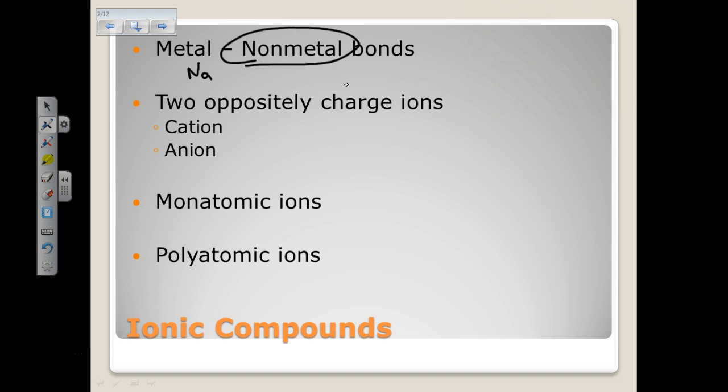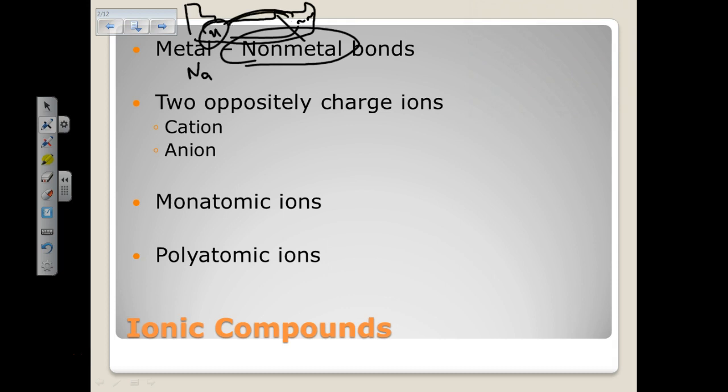So we're basically talking about two different sides of the periodic table. I'm going to draw a little itty-bitty periodic table here. We're talking about the nonmetals here and the metals here, things on this side bonding with things on this side.